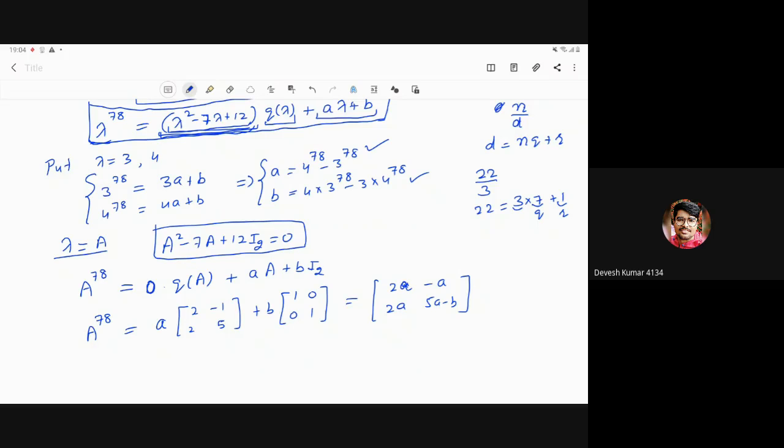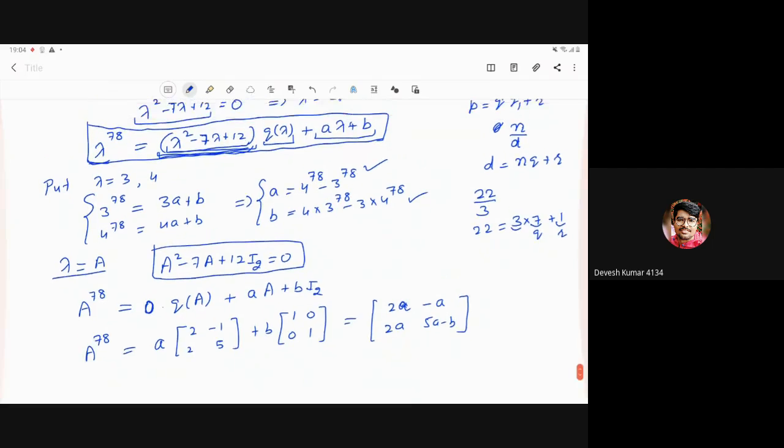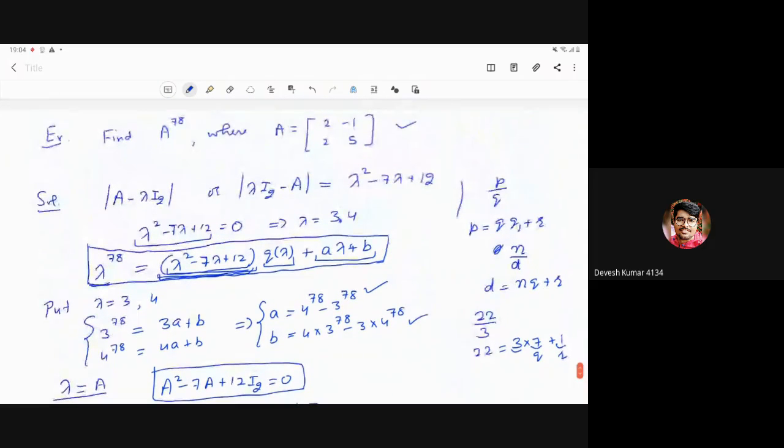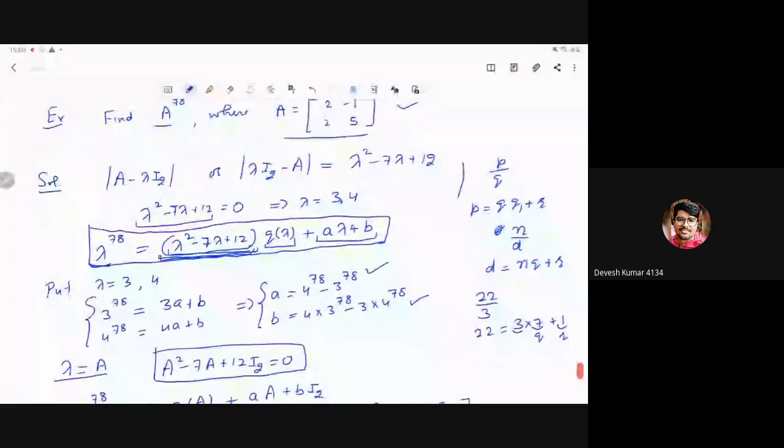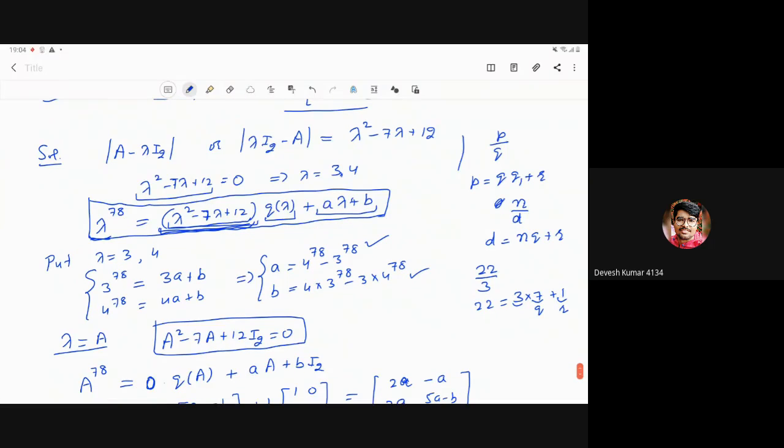So it is a very good problem. You see how we have solved it. I tell you again, A is given to you. You were asked to find A power 78. First, you found the eigenvalues and the characteristic polynomial. After that, we found that lambda equal to 3 and 4 are the eigenvalues.